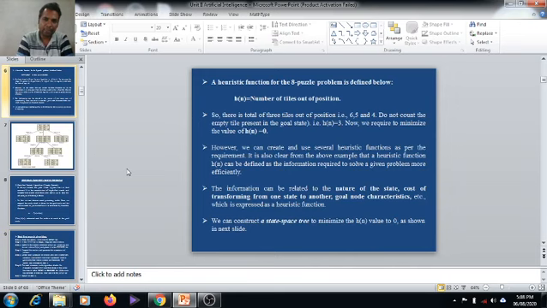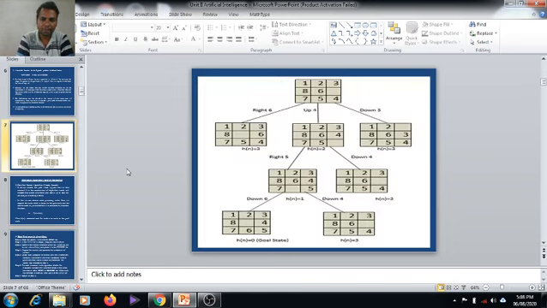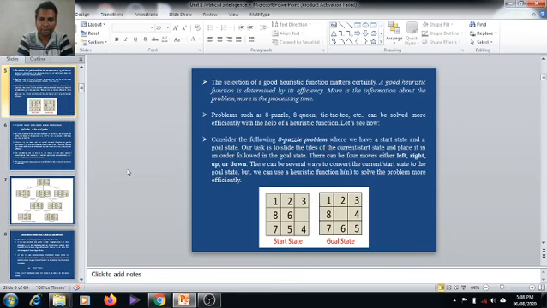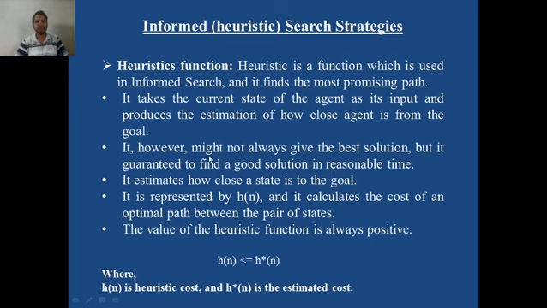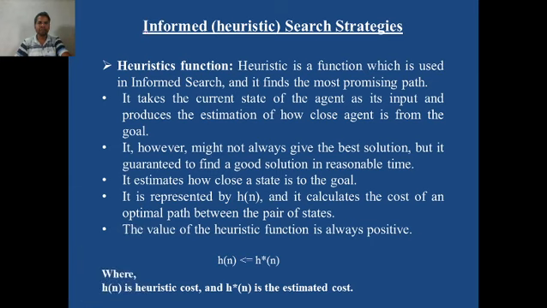Before going into the details of these informed search algorithms or strategies, we will take a review of what we covered in the last lecture. We discussed what exactly the heuristic function means and why informed search strategies are called informed search algorithms, or heuristic search algorithms.